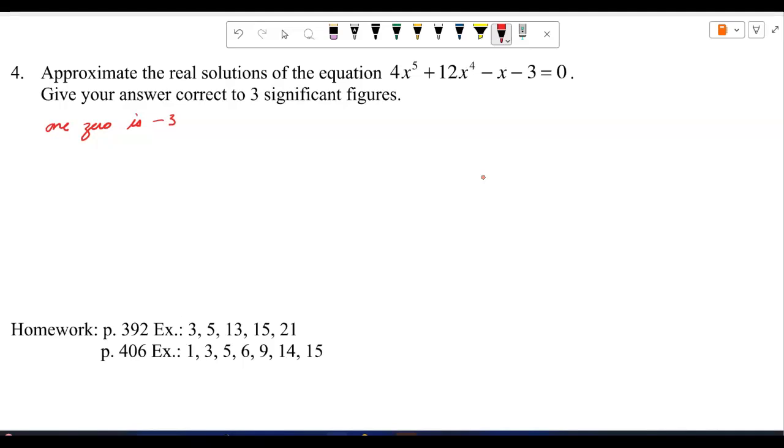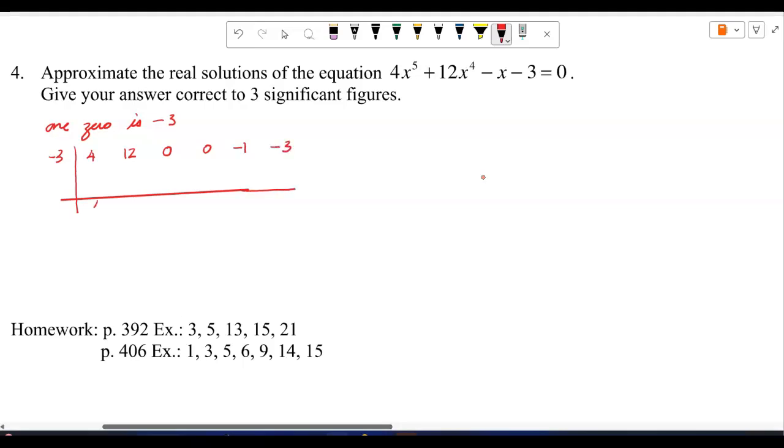So what will I do now? Now I'll do synthetic division with minus 3.